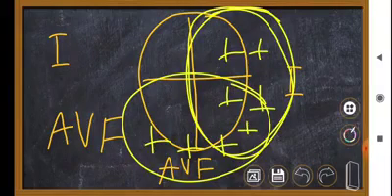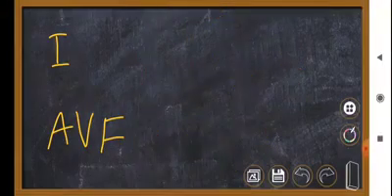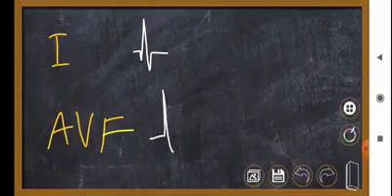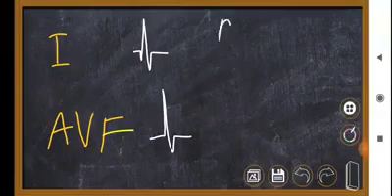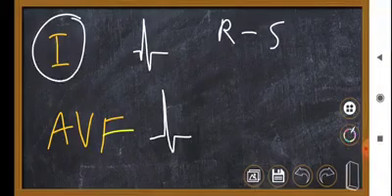So now suppose that we have an ECG and we are going to focus on the QRS complex. Suppose the QRS complex in lead 1 is something like this, and in lead AVF is something like this. Now the first important step is to calculate the RS difference in lead 1 and lead AVF.